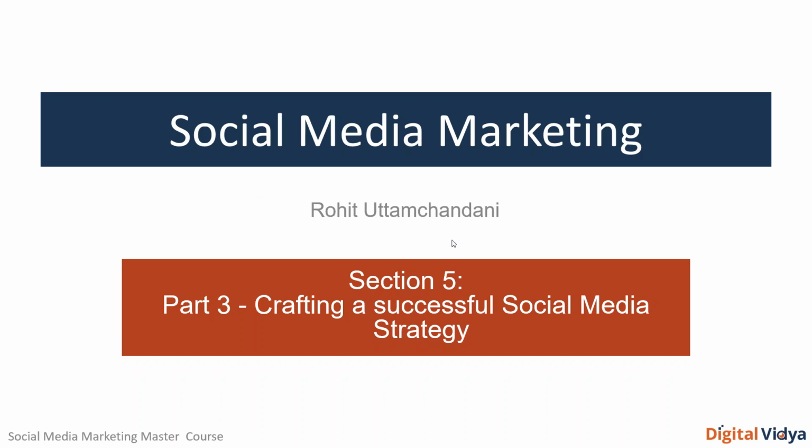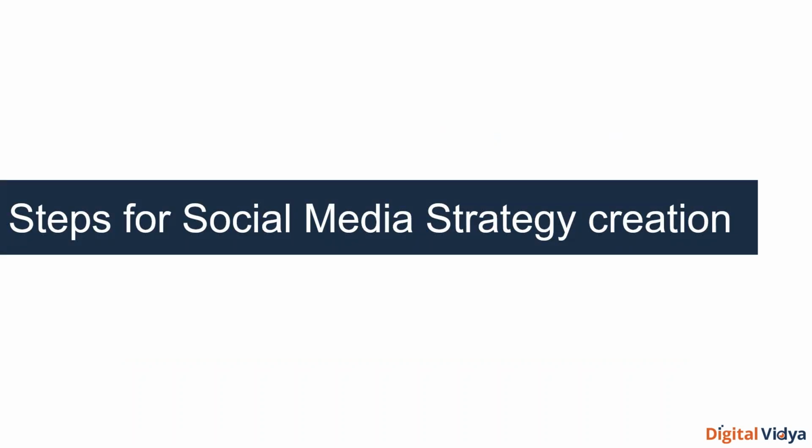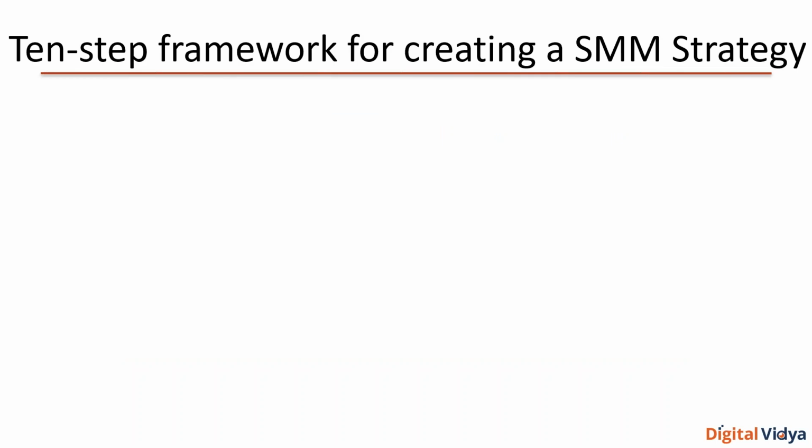End of the day, all these platforms that you're using have one common goal, which is to make your business grow, make your revenue grow, drive better recall visibility for your brand. So this section will see how you can put all social media platforms together into an integrated strategy that will set you up for success, right? So we look at a 10-step framework for creating a successful social media strategy.